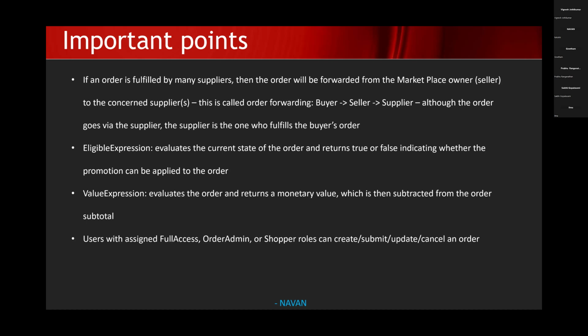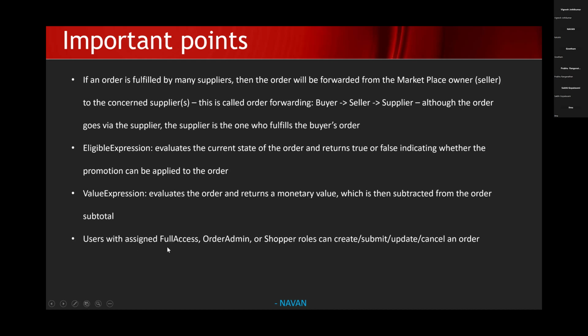You can use functions like any, all, count, and all that. That is something that gets tested, like items.any, items.count. So when you say if the count of the items is greater than 100, then give 10% off, 10% is nothing but your value expression.